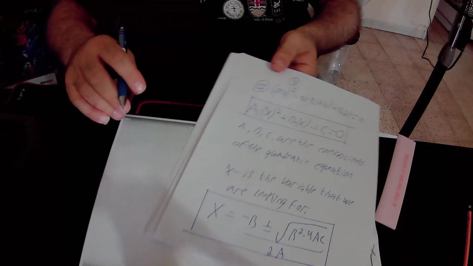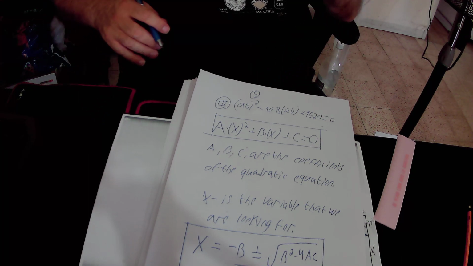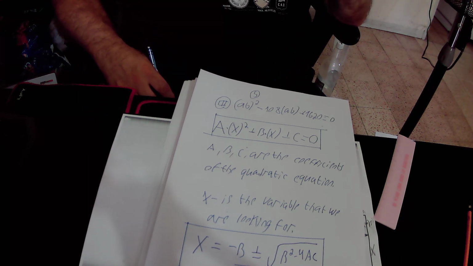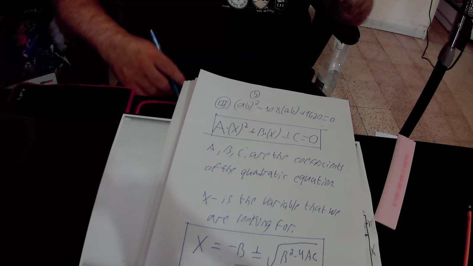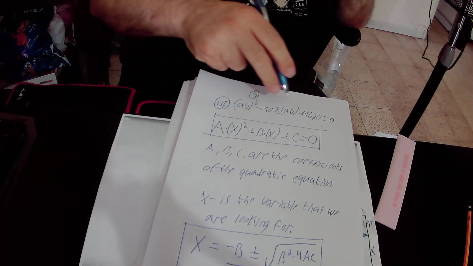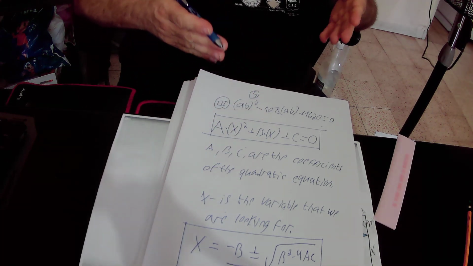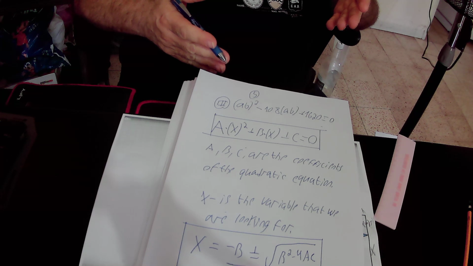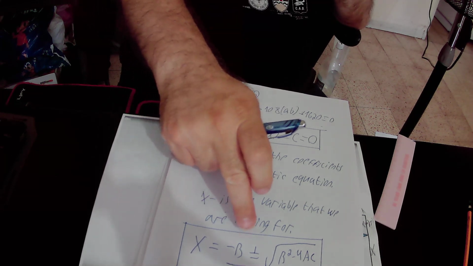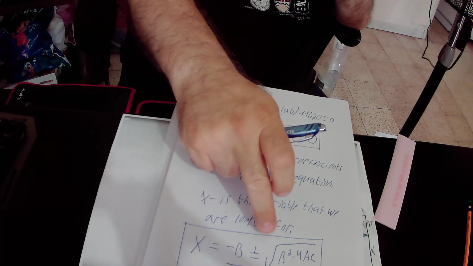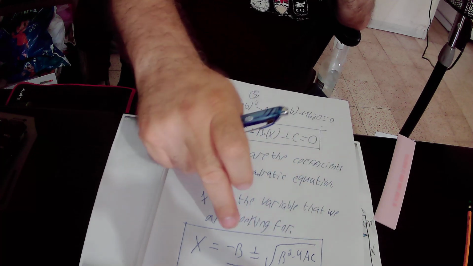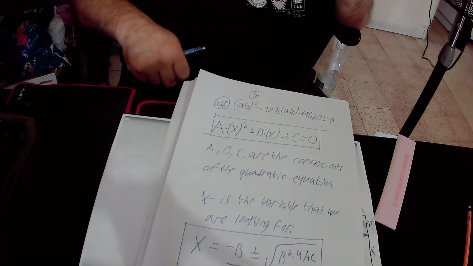Okay, so this is the formula for x. x equals minus b plus minus root of b squared minus 4 times a times c, divided by 2 times a. a, b, and c are the coefficients of the quadratic equation.